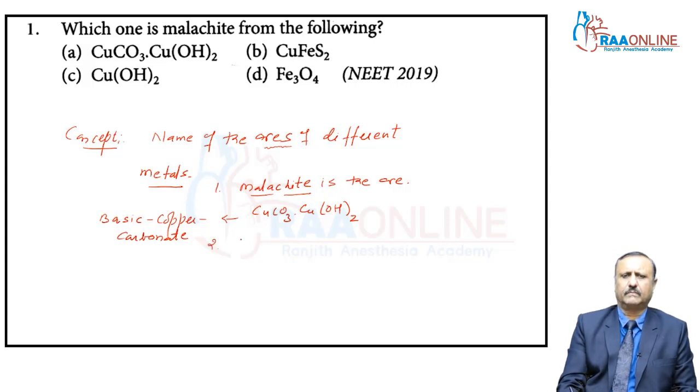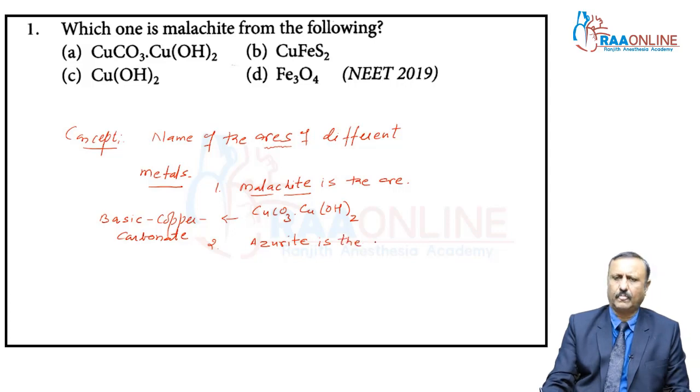Second, another name of ore is called azurite. Azurite, my dear student, is the ore of copper. Malachite is the ore of copper. So malachite and azurite are the ores of copper. So my dear students, what is the molecular formula of this azurite?